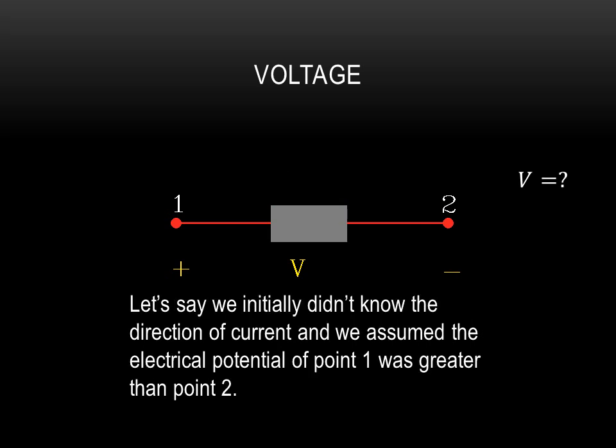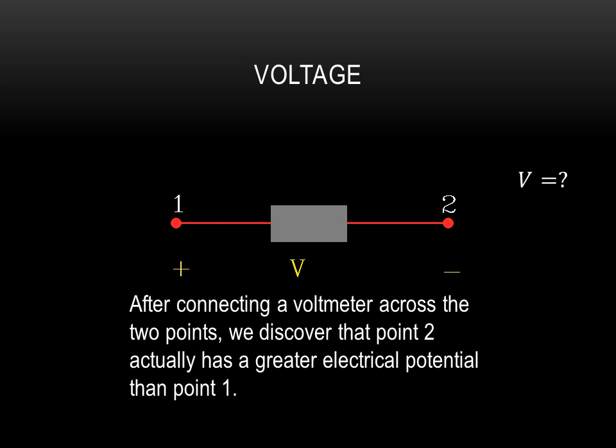Now, let's say we initially didn't know the direction of current, and we assumed the electrical potential of point 1 was greater than point 2. So we put a plus sign at point 1 and a minus sign at point 2 to represent that the potential at point 1 is greater than the potential at point 2.